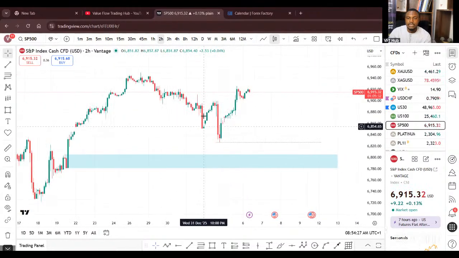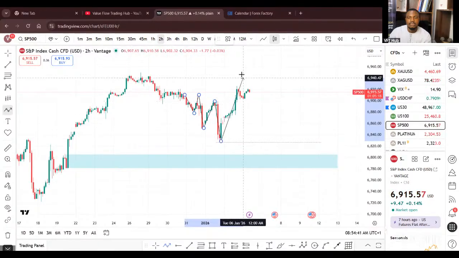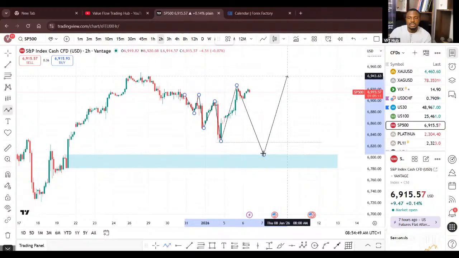Why? Because now we have a form of engineered liquidity, like I explained to us. Where's the engineered liquidity? We have something like this, something like this, something like this, and then a break of structure, right? And then the price coming back to take all of this out, and then continue our movement, right?